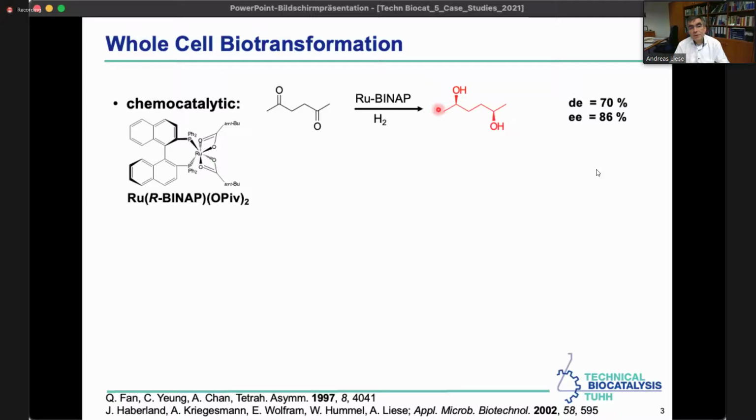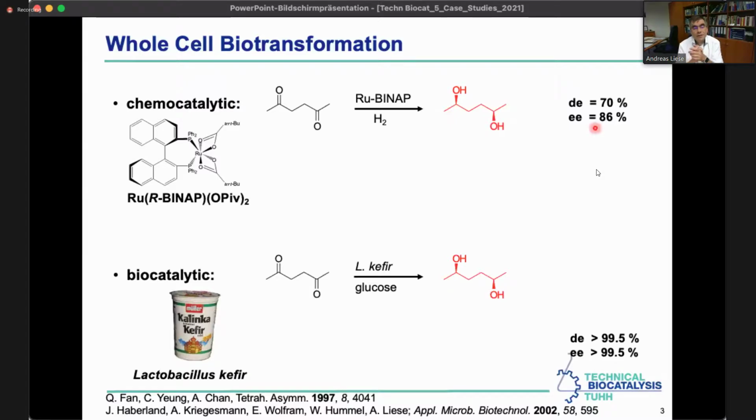The product out of the chemo reduction yields 70% DE, diastereomeric excess, and 86% EE. If you do not know how EE or DE is defined, look it up in the older lectures.